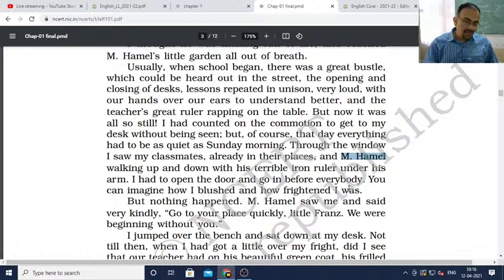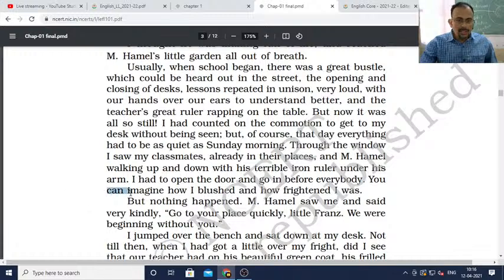So, Franz is saying his French teacher M. Hamel was walking up and down with his terrible iron ruler in the classroom, right? And Franz, on entering the classroom, had to open the door and go in before everybody.